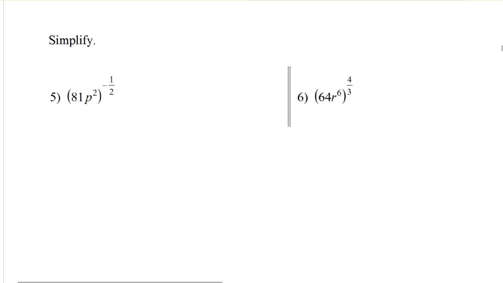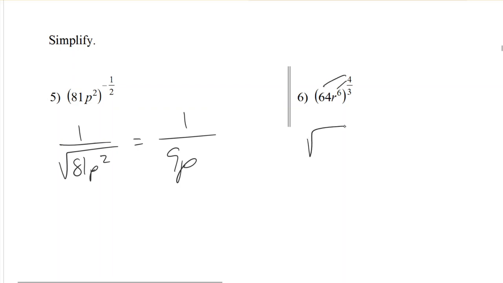Simplify this. So this is 1 over the square root of 81p squared. So this is 1 over 9p. We need to distribute this. So this is the cubed root of 64, taken to the 4th power.